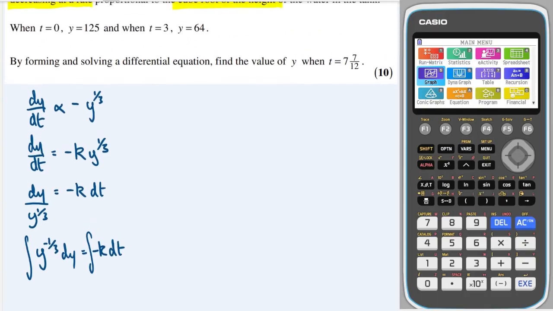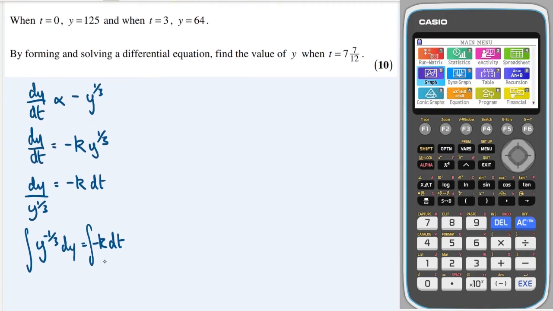Okay, what do we get when we integrate? Well, the power goes up by 1, so 2/3, and then we divide by the new power, so times this by 3 over 2. And this will equal minus k will integrate to minus kt with respect to t, and that'll be plus c, some other constant.